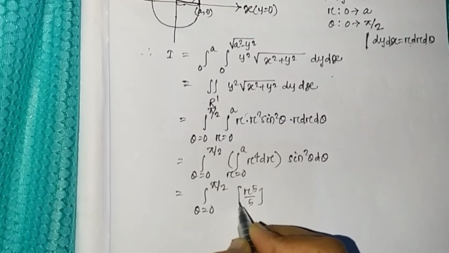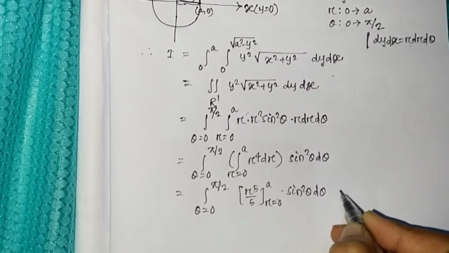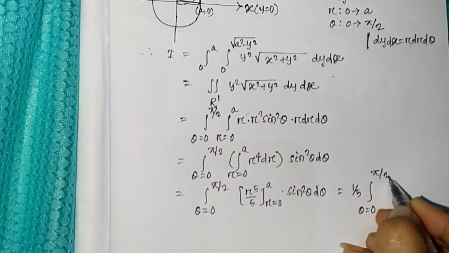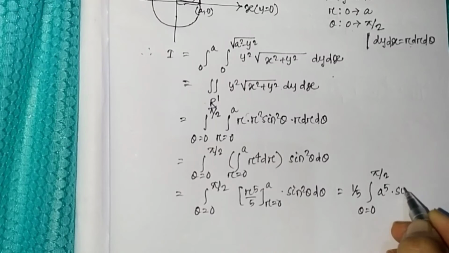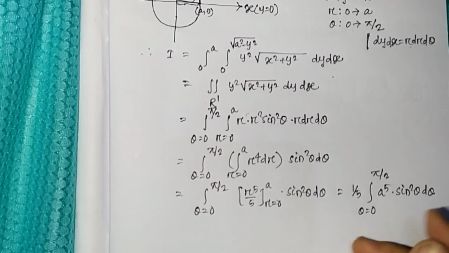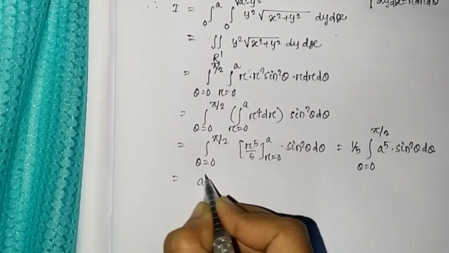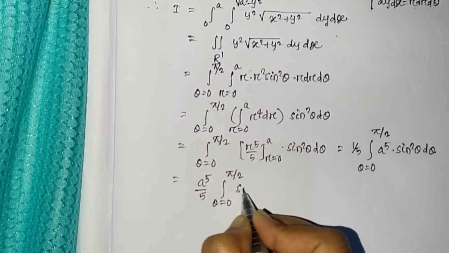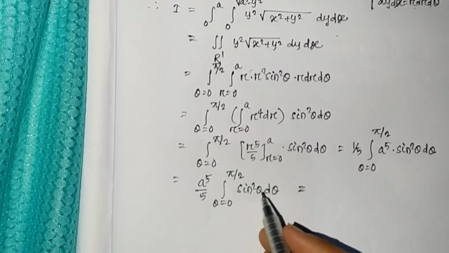Then that equals the integral over theta from 0 to pi by 2 of r to the power 5 divided by 5, r from 0 to a, into sin square theta d theta, which equals 1 by 5 times the integral from theta equal to 0 to pi by 2 of a to the power 5 minus 0, so a to the power 5 into sin square theta d theta. So then a to the power 5 divided by 5, theta from 0 to pi by 2, sin square theta d theta. Then we solve this integration using the reduction formula.